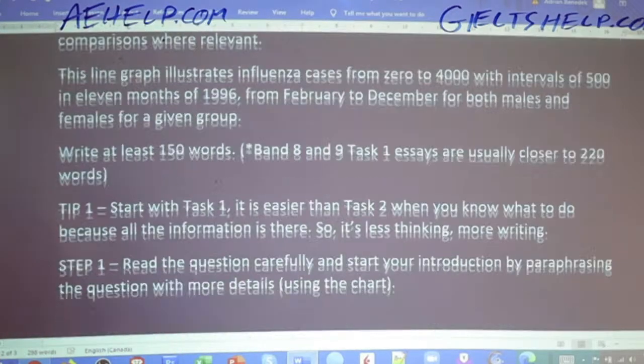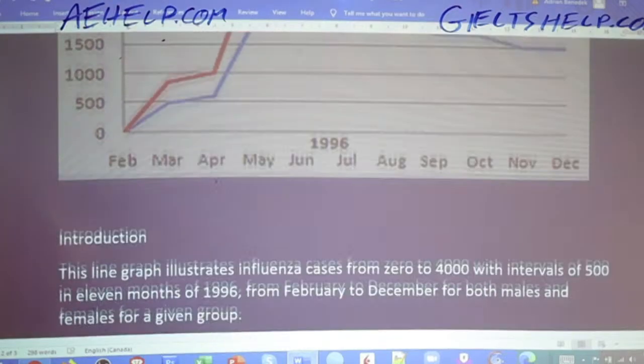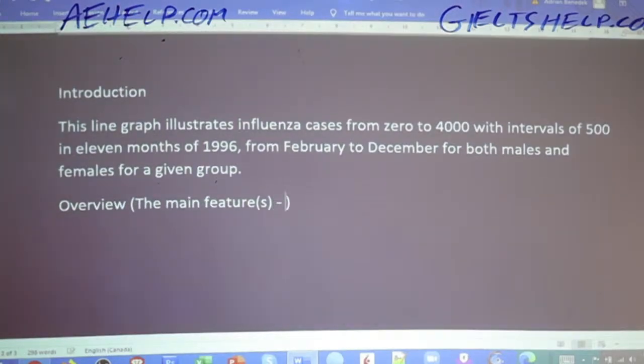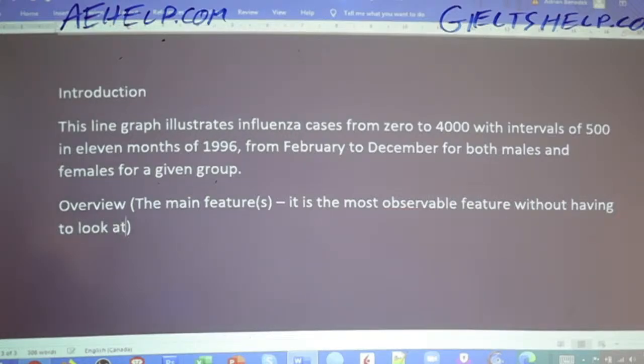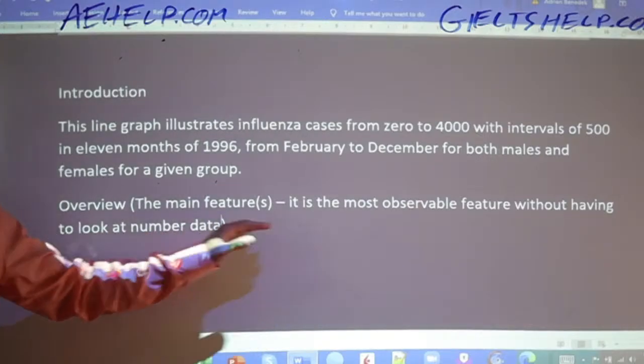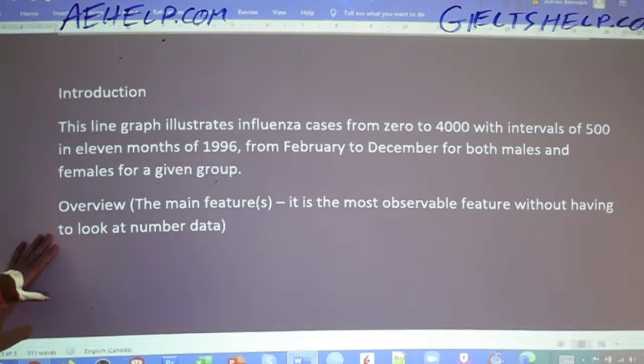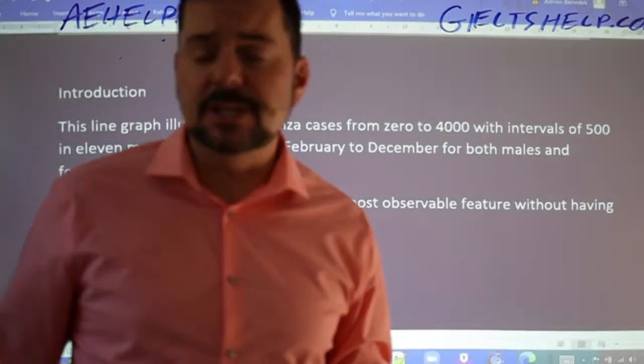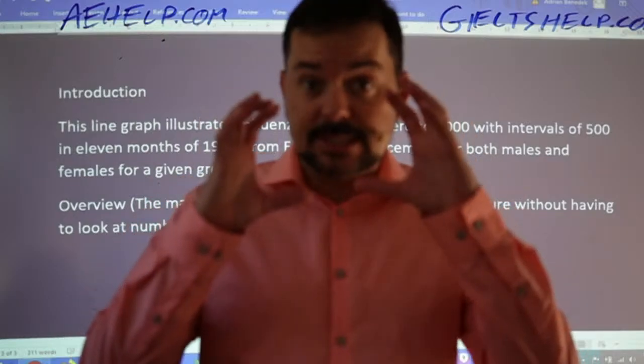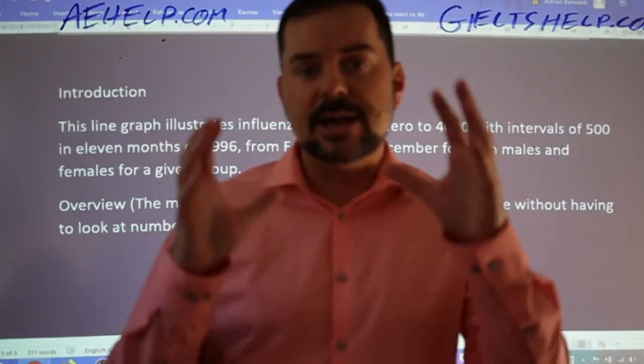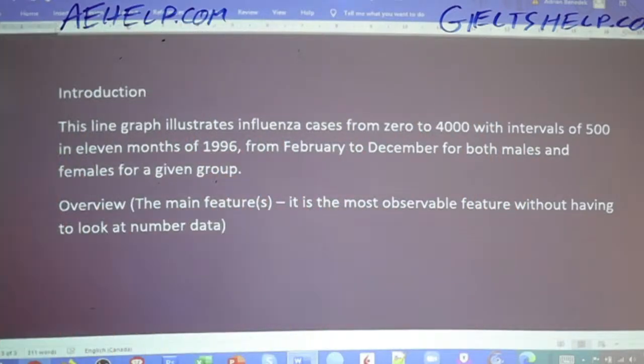So the overview is the most observable feature, usually without having to look at numbered data. For the main feature, you should be able to just see it by looking at the visual imagery of the graph.